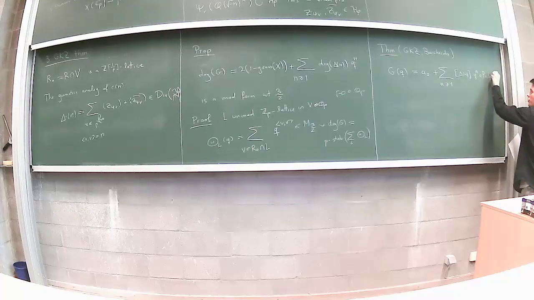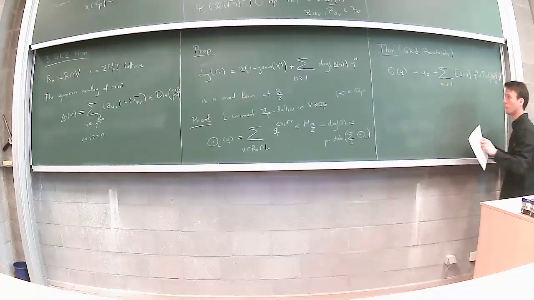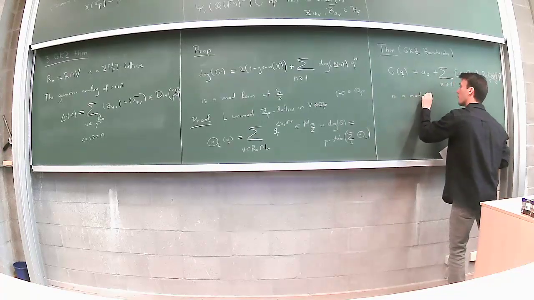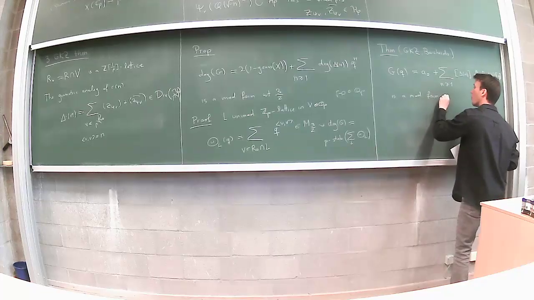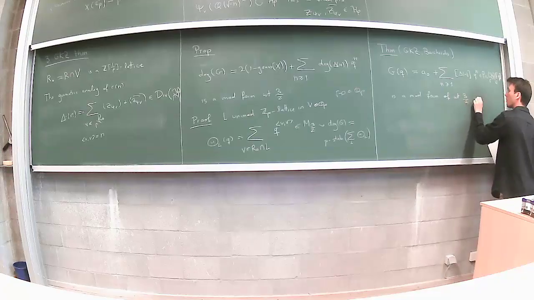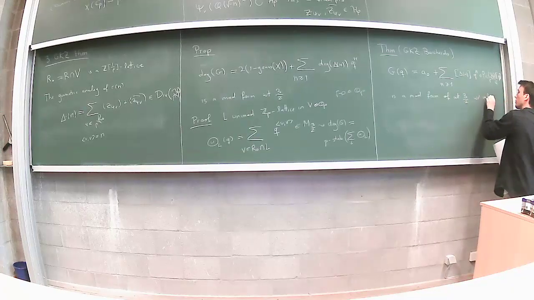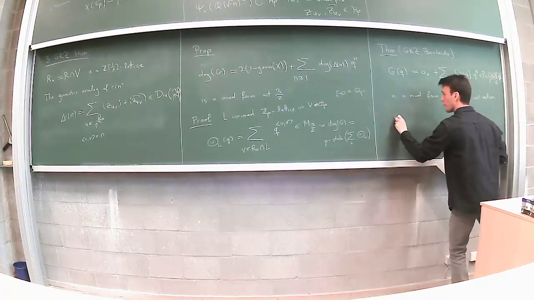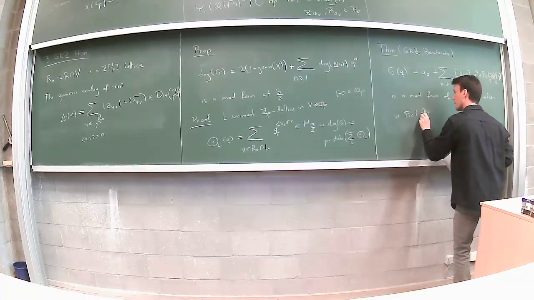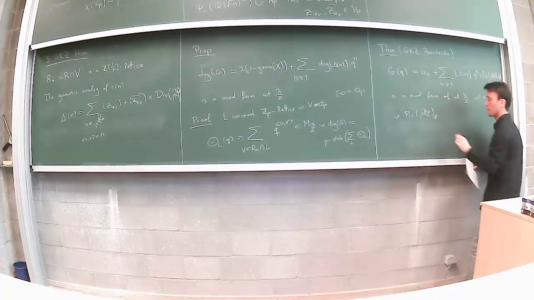So the coefficients are not numbers, but are classes in the Picard group, tensor Q. And the claim is that this is a modular form of weight 3/2 with values in the Picard group of HP mod gamma.